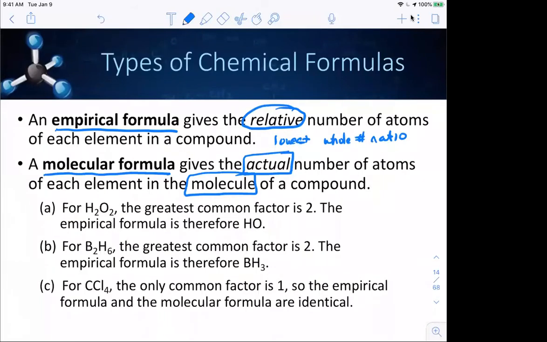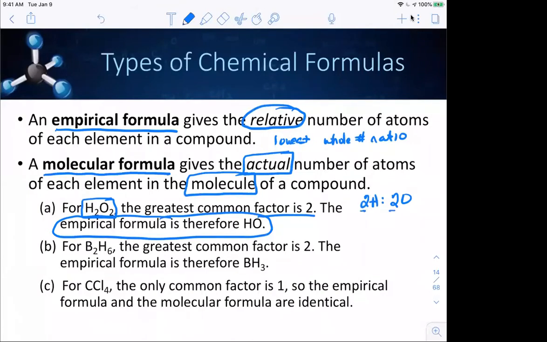Let's talk about this. I could have H2O2, which is hydrogen peroxide. This means in hydrogen peroxide, I have 2 hydrogen atoms for every 2 oxygen atoms. Here, my greatest common factor is 2. So the empirical formula is just 1 H to 1 O. That's the lowest whole number ratio in that particular formula.